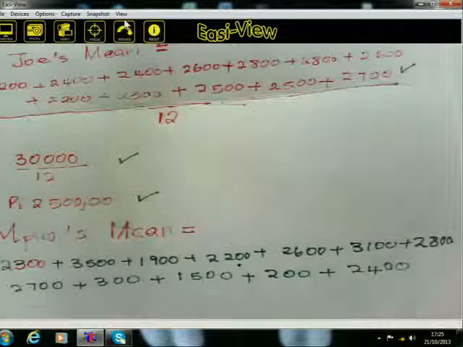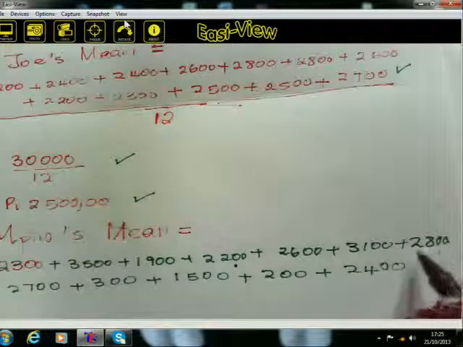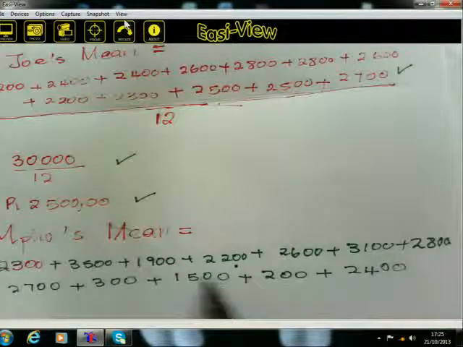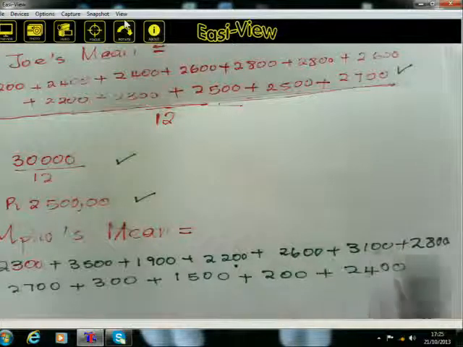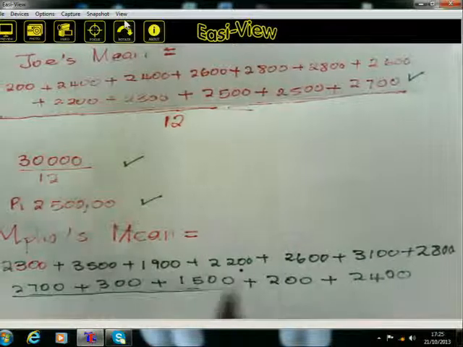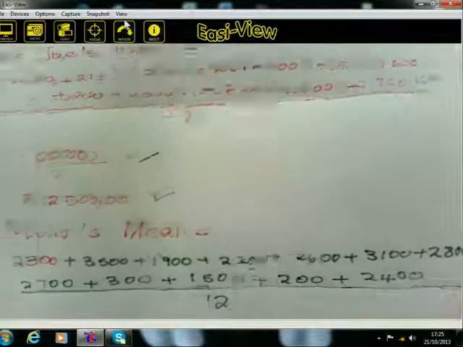Remember we had left out the 12th number, which is 2,800. Let us count all of them. 1, 2, 3, 4, 5, 6, 7, 8, 9, 10, 11, 12. We all divided by 12.